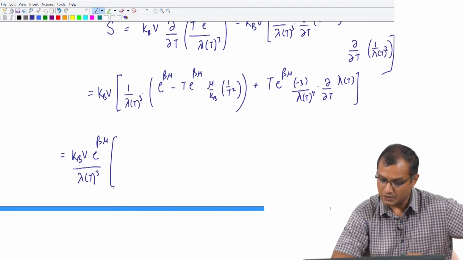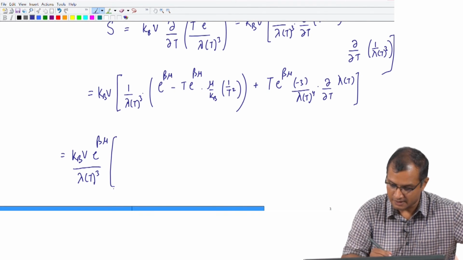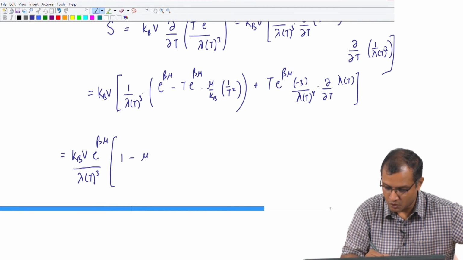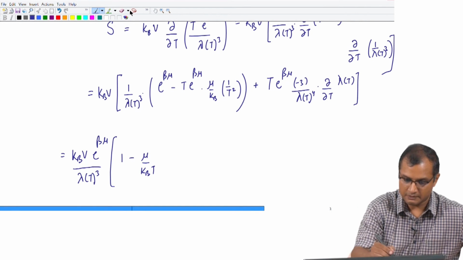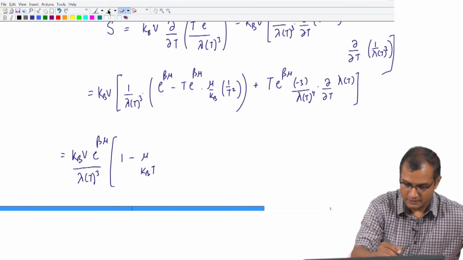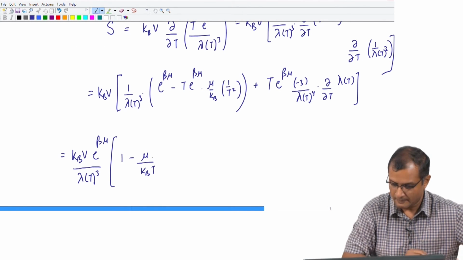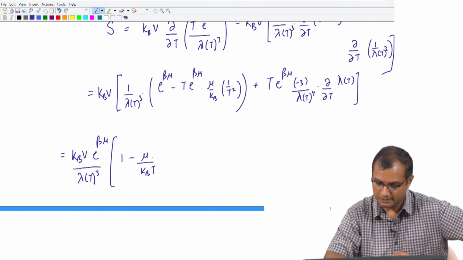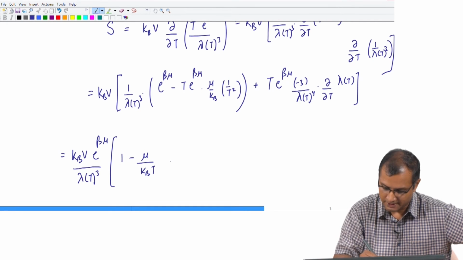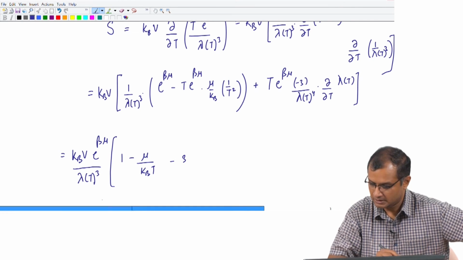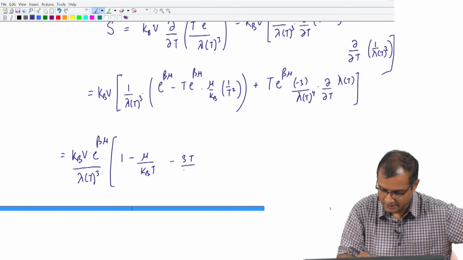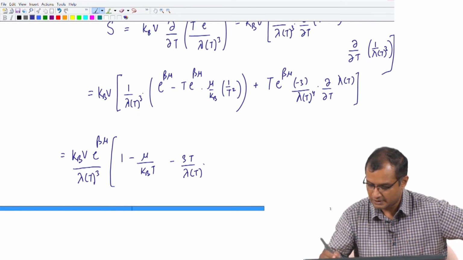So, what I get in the first term is just 1 minus mu over kT, and from the second term I will get minus 3 T over lambda T into the derivative of lambda T.